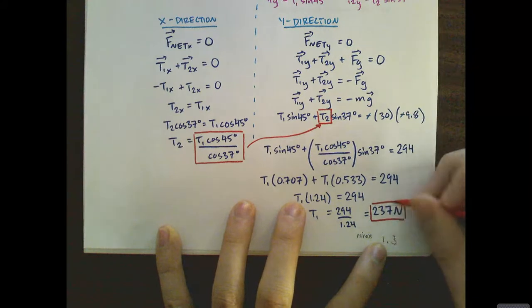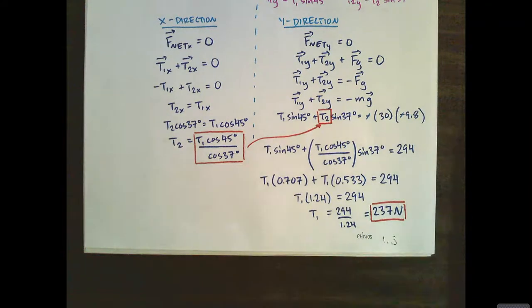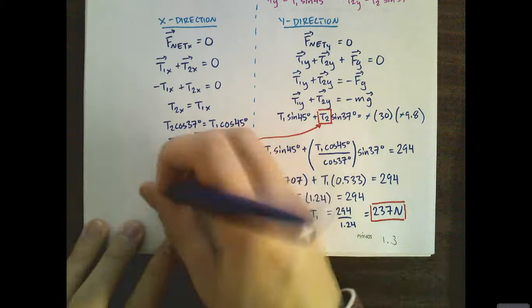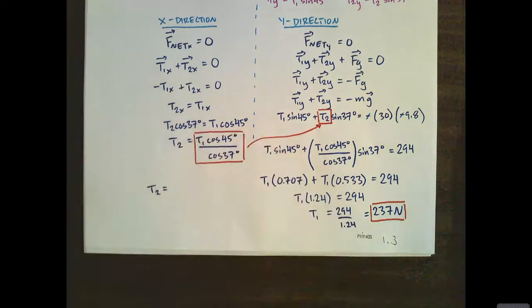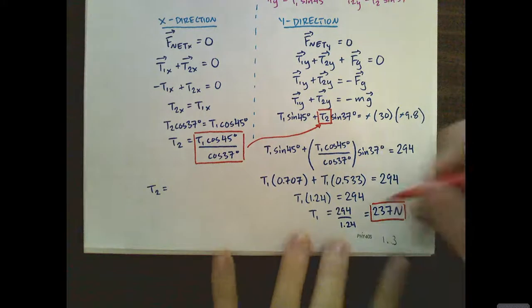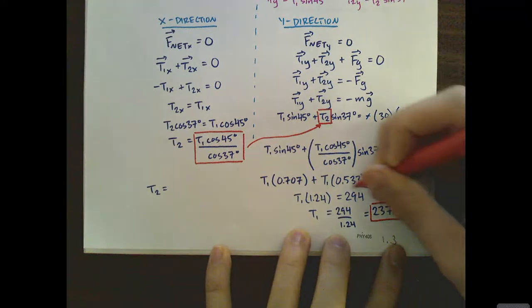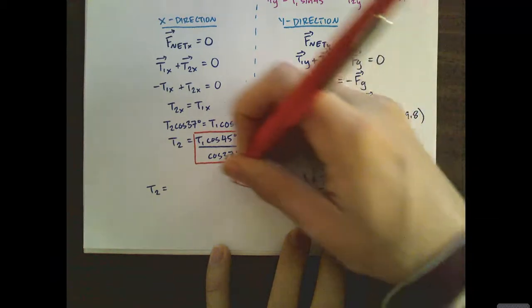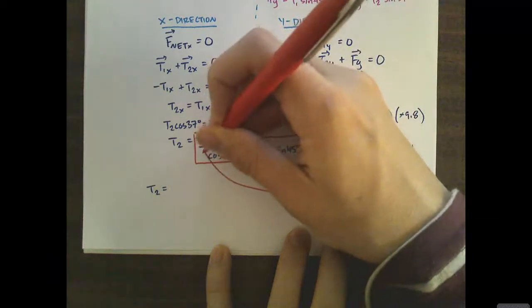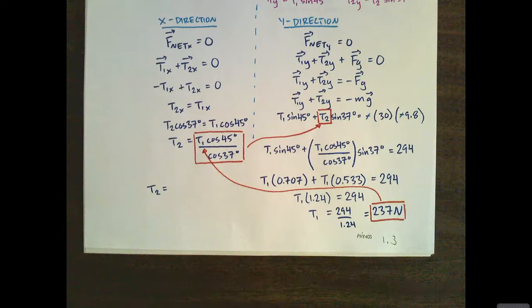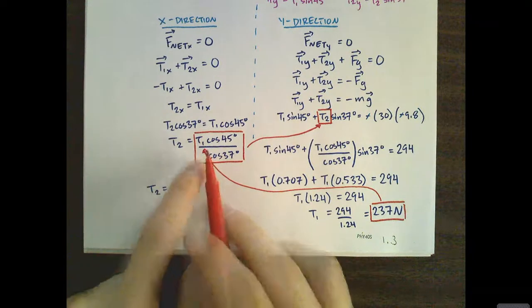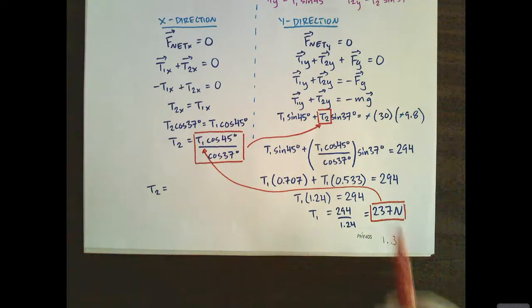Now, how do I find T2? We have to find T2. Well, here's the trick. You take this T1 value now and you avoid all that and you plug it in right there, right? Because now you have a formula that you can solve for T2 if you know T1.